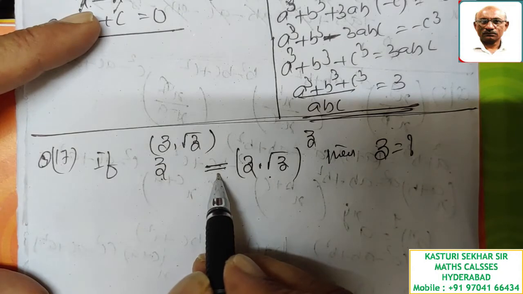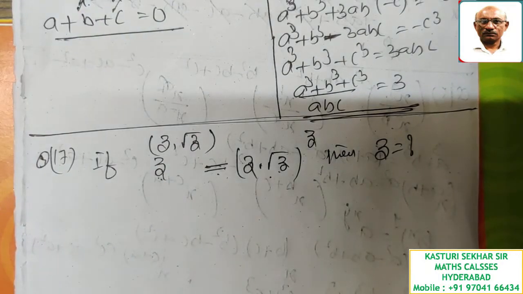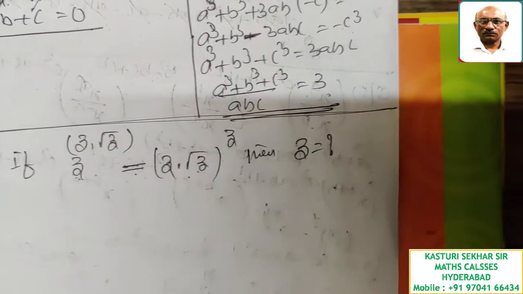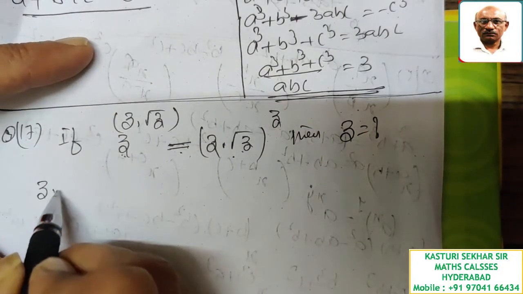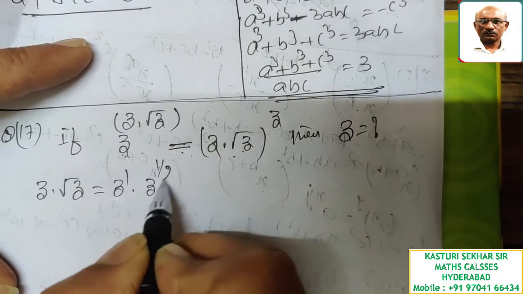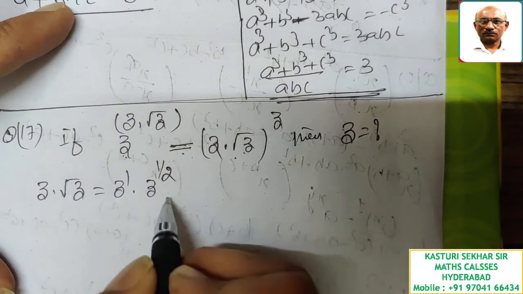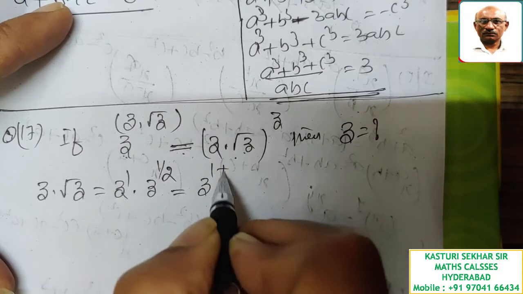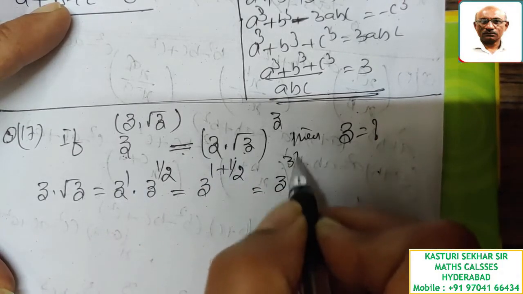Whenever we have an equal to sign, either we need the same bases on both sides, or the same powers on both sides. Now z into square root of z is z to the power 1 into z to the power half, since square root of z can be written as z to the power half. Here there is a multiplication sign and bases are equal, so you can add these two powers.